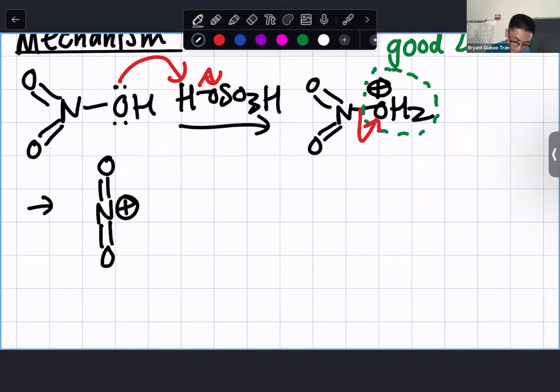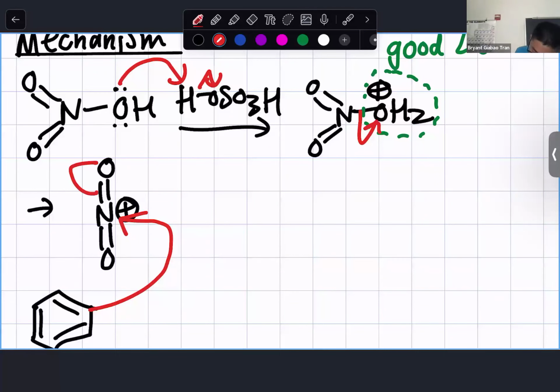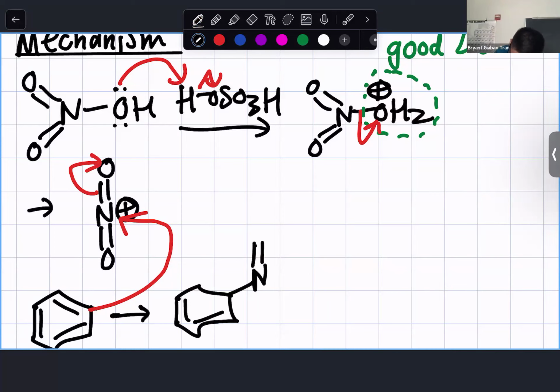Since that's an electrophile, we could bring in our benzene now, and we do the exact same EAS mechanism that we did previously. One of the carbons attacks that nitrogen. When that happens, though, we have to move one of the double bonds onto the oxygen like that to conserve the octet rule. That gives us this structure with a positive charge there.